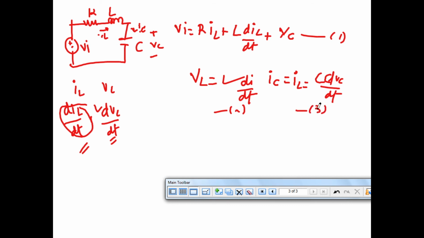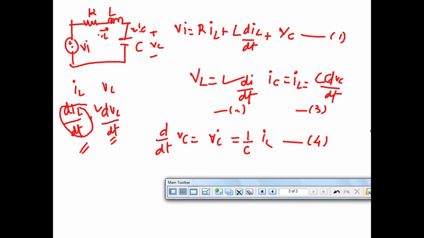From this third equation again I can write d by dt of Vc, which is nothing but Vc dot. So Vc dot is equal to 1 upon C IL. We have just made dVc by dt the subject. This will be my equation number 4.